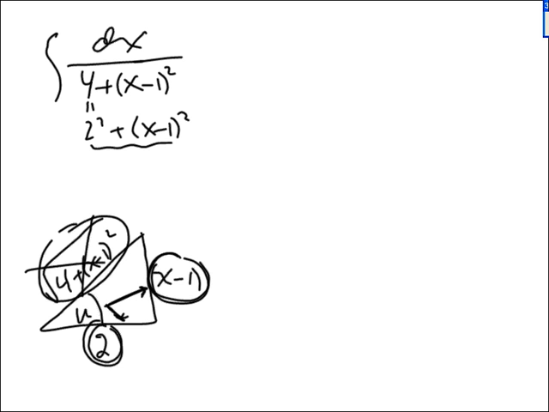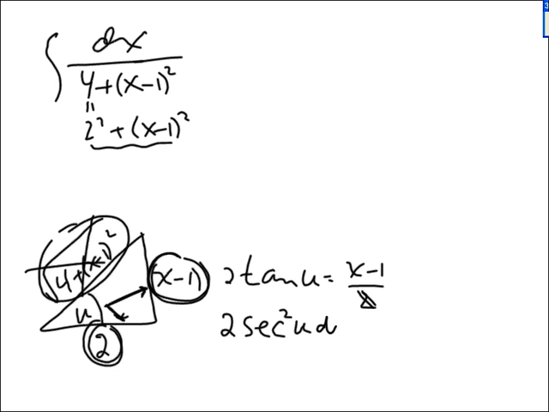Opposite over adjacent. That's the tangent. The tangent of u is (x minus 1) over 2. I'll bring the 2 up there. The differential of both sides: 2 secant squared u du.